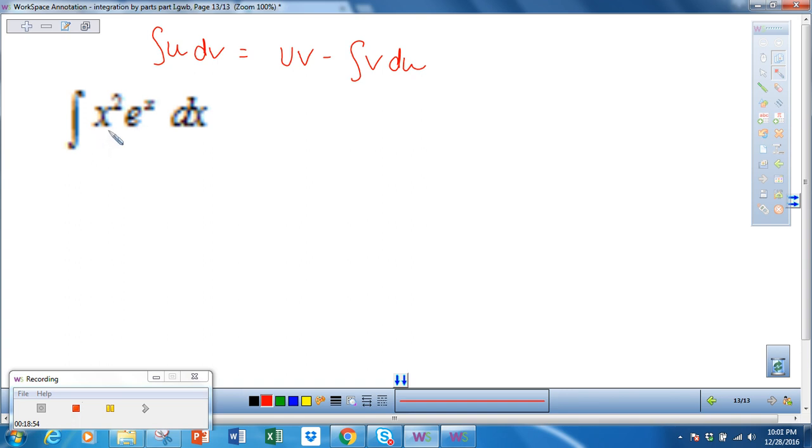There's no inverse trig, there's no log, there is an algebraic. So we're going to let u equal x squared. Then that makes dv equal to e to the x. Now that actually works out well because it's easy to integrate e to the x. All right, so that gives me du is equal to 2x dx.